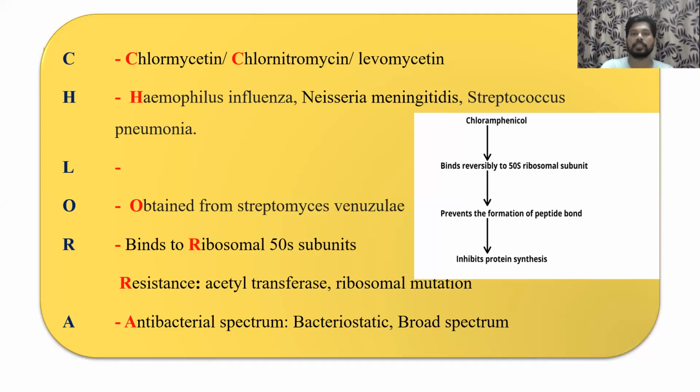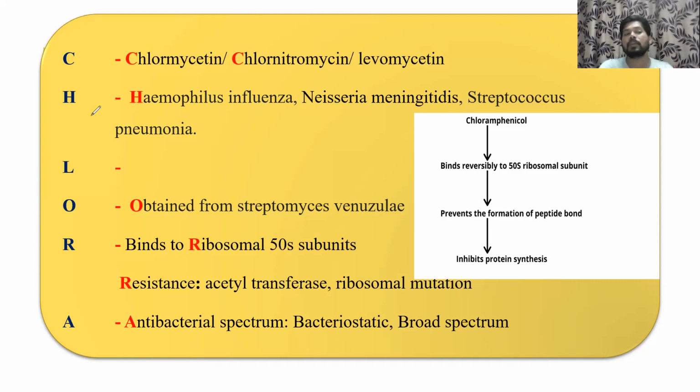Based on letter H here, generally chloramphenicol is an antibiotic that comes under the category of protein synthesis inhibitors, and generally it is bacteriostatic in nature. Most protein synthesis inhibitors are bacteriostatic. Chloramphenicol is also bacteriostatic, it just stops the growth of the organism but does not kill.